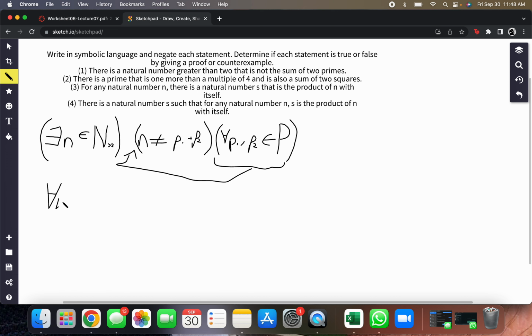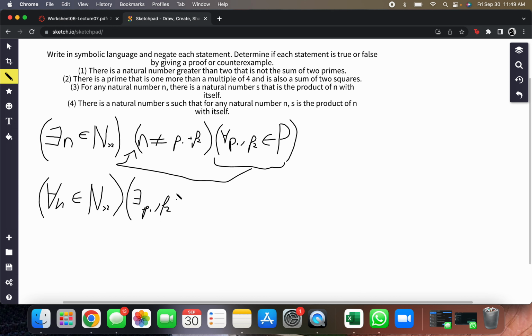For all n, for all variables that are natural numbers bigger than 2, you guys should be able to do this for me almost. And now I'm gonna negate this part of the statement now, just because I like this order better. There exists p1 and p2, and you notice how I don't need to put an exists for both of them.